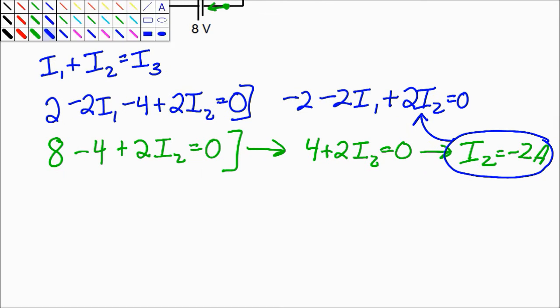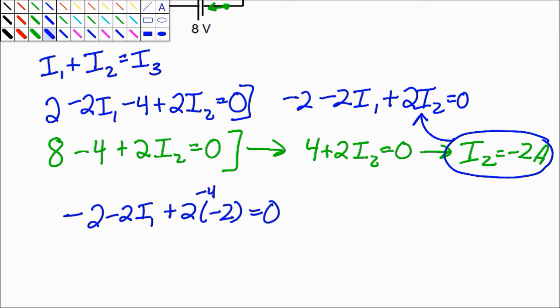I will solve this. So I'm going to write that here, negative 2 minus 2I1 plus 2 times negative 2, carrying that negative sign with it. And I just solved this for I1. This is negative 4 and I1 then is 3 amps.